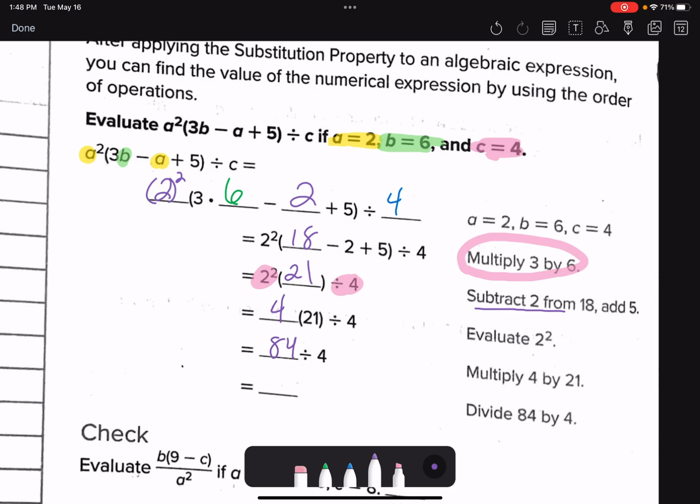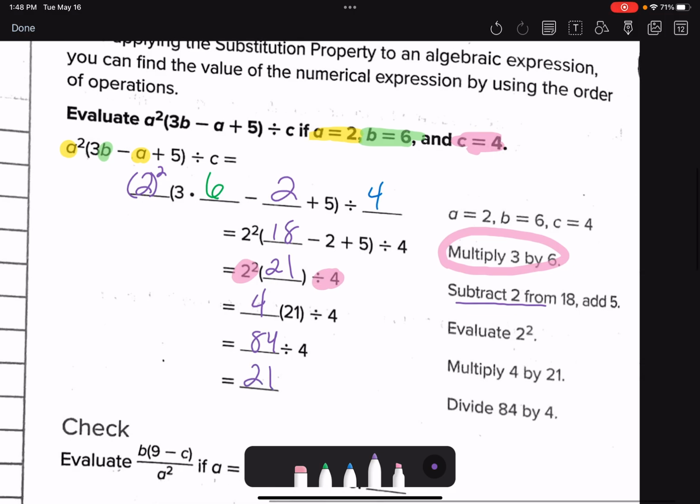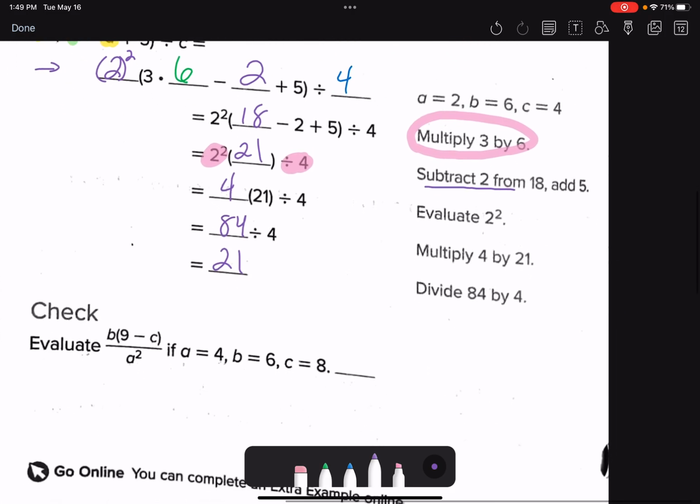Then we have to finish this out by doing 84 divided by 4. 4 goes into 8 2 times and goes into 4 1 time, meaning our final answer is 21. So again, once you have it all set up where there's no more variables, we only have numbers, then you just do the order of operations to solve it like usual.